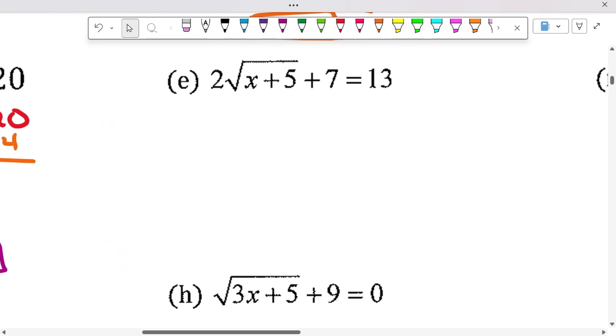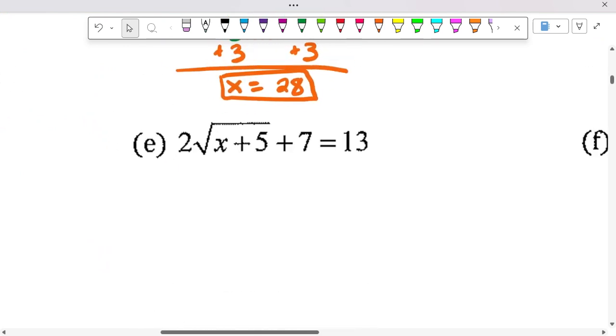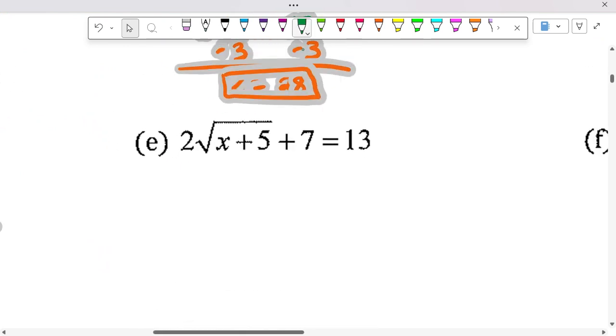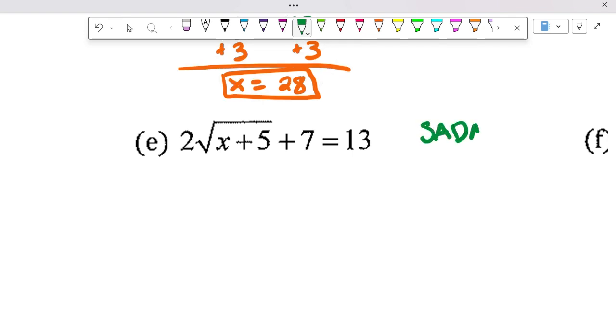Let's try another one. So think SADMEP. If it helps, just write it down every time, so you have it, and you can cross stuff out as you go along. What do I have to take care of first if I'm dealing with SADMEP?